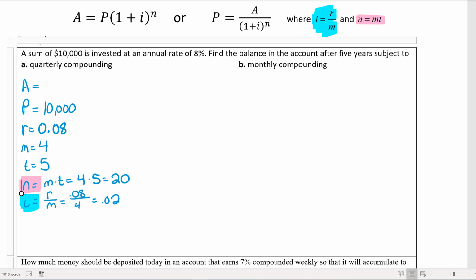And now I have everything except A. So because I have everything except A, I'm going to use the A formula. A is equal to P parentheses 1 plus I to the N. So I have A equals 10,000 times the parentheses 1 plus the I, which is 0.02, to the N, which is 20. Now I need to get out a calculator.